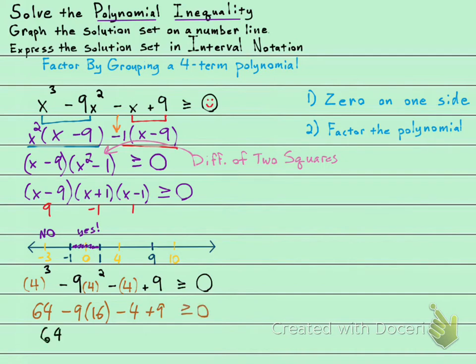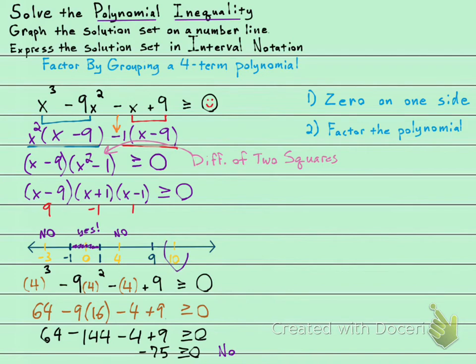So 64 minus 144, gross, minus 4 plus 9, greater than or equal to 0, and calculator time. 64 minus 144 minus 4 plus 9, negative 75. Is that greater than or equal to 0? No. Okay, so the test point 4, everything in this interval between 1 and 9 is a no.